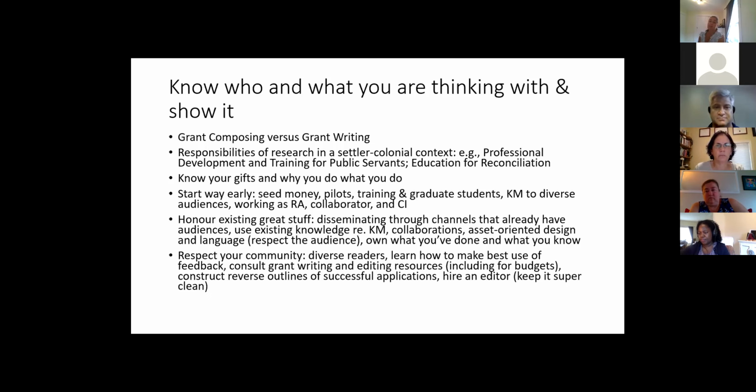And being also respectful to the research that has gone before. So we are often told you need to find a gap and say what's wrong with the existing research. Some of the best applications are those that do not discount the important knowledge that has gone before and upon which this application is based, but instead say, here is how I'm going to be contributing to what has come before.